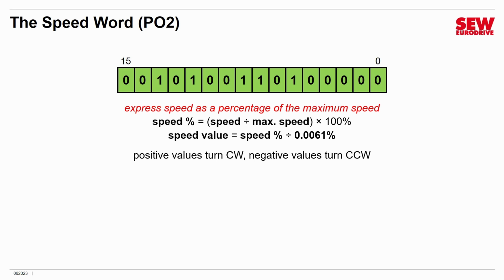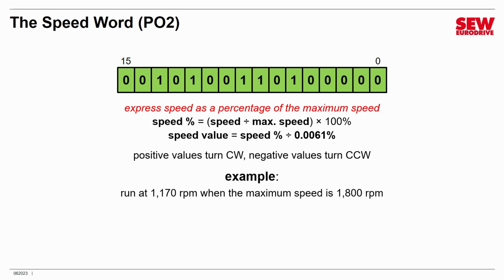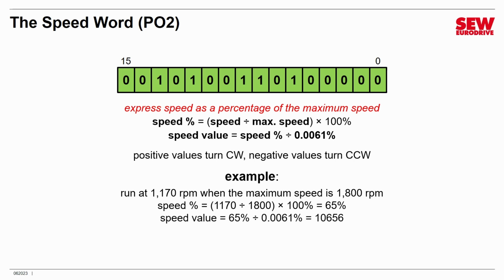So let me give you an example to show how this would work. Let's say that you want to turn at 1170 RPM when the motor's maximum program speed is 1800 RPM. First of all, you'll calculate the speed as a percentage. Take 1170 divided by 1800 times 100%. And you need to turn at 65%. Then take 65% divided by 0.0061%, and that gives you 10,656.